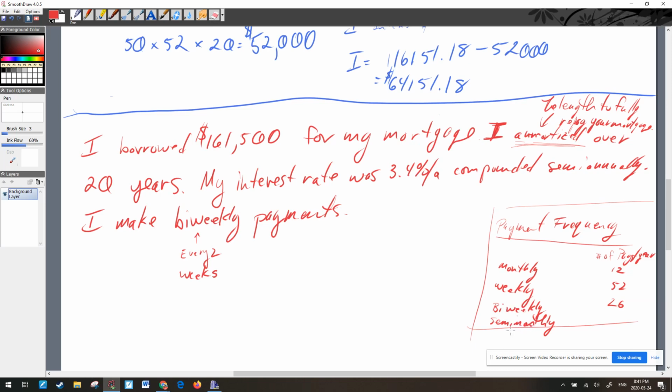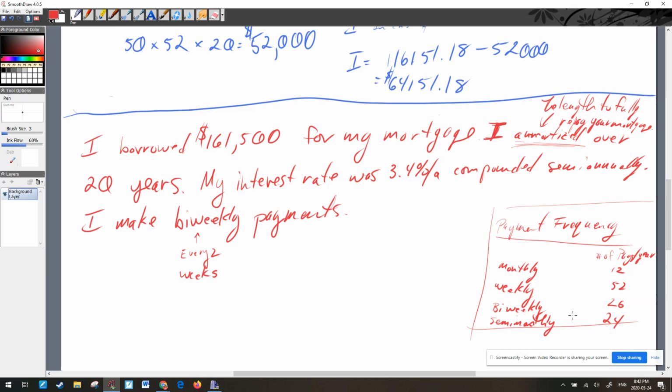It's not, though. There are 12 months in a year. If I do it semi-monthly, it means I do it twice a month. So it means you would make 24 payments per year. Okay, so bi-weekly and semi-monthly are very similar, but the difference is that it really should align with when your payment happens.